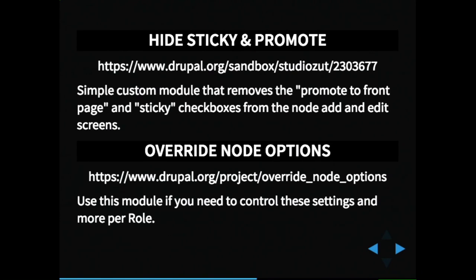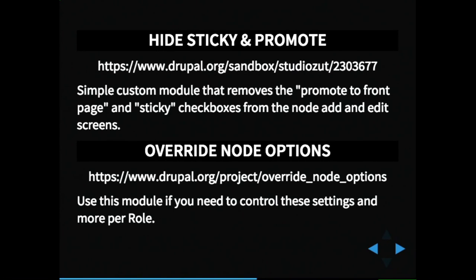Those are things that came with Drupal. The view that is default says, if we make it sticky in the archives, push it to the top. If it's promote to front page, it will show up on the front page before whatever boring view that is. But nobody ever uses those. This is a really simple module that just hides those two things from the administrator, from seeing them ever again.